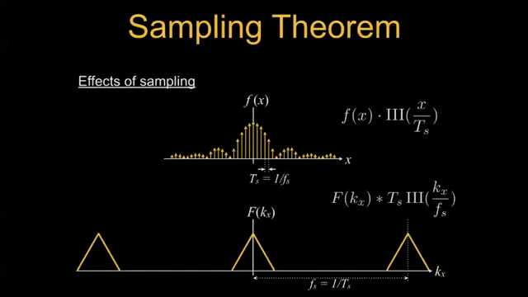So if we're at points of multiples of Ts, then here we're at points of multiples of Fs. And multiplication corresponds to convolution. So the separation is Fs equal to 1 over Ts. Now right now, it looks fine. We're not losing any information. It's just looking different.